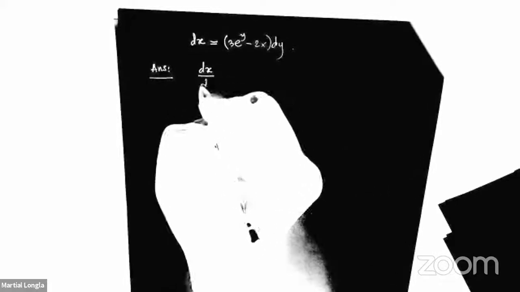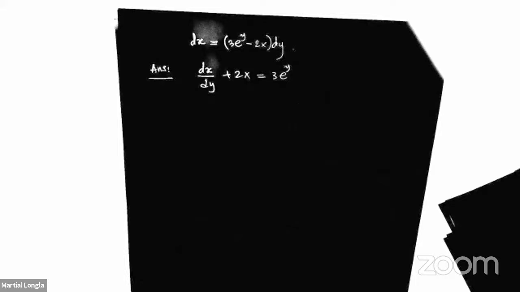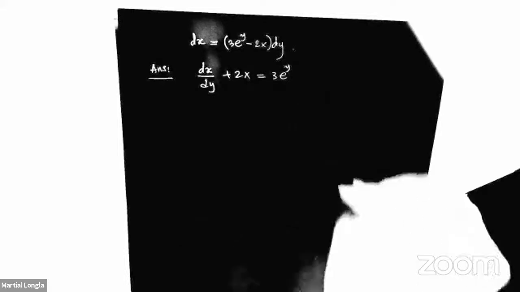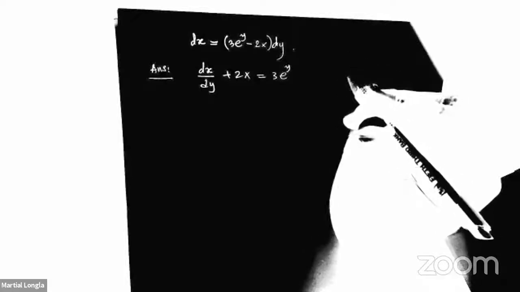So that is dx over dy plus 2x equals 3 e to the y. Now that's a problem that is homogeneous, that is, first order linear in x.